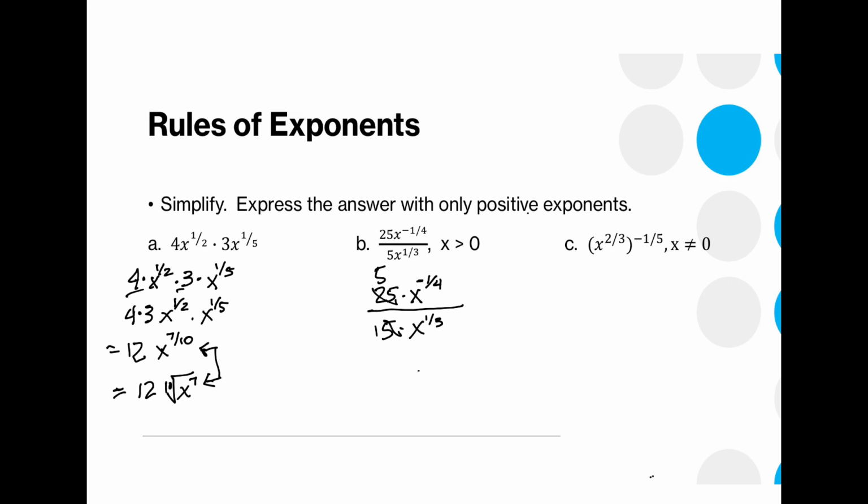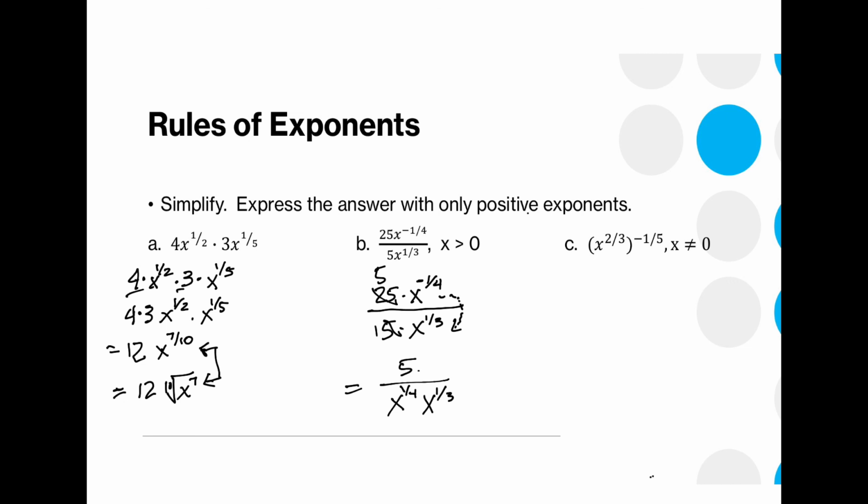I also have these x's, so the same base raised to different powers in a fraction. This one's negative, so one of the things I could do is move it downstairs. That leaves me with the 5 on the top, x to the 1/4 and x to the 1/3 both on the bottom.